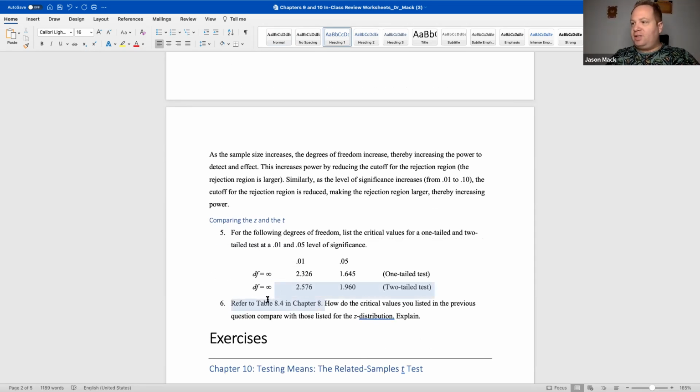Now, what we want to ask is, how do the critical values you listed in the previous question compare to those listed for the Z distribution, and explain that?